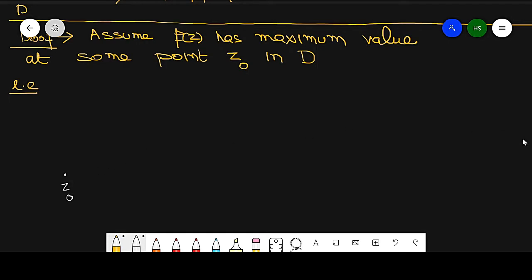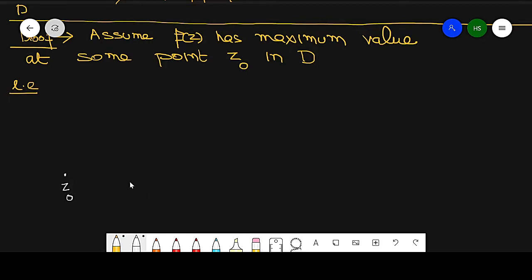So we will find the polygon line in D. We draw a polygon line L lying in D and extending from z naught to zn such that |zk minus zk minus 1| is less than d.